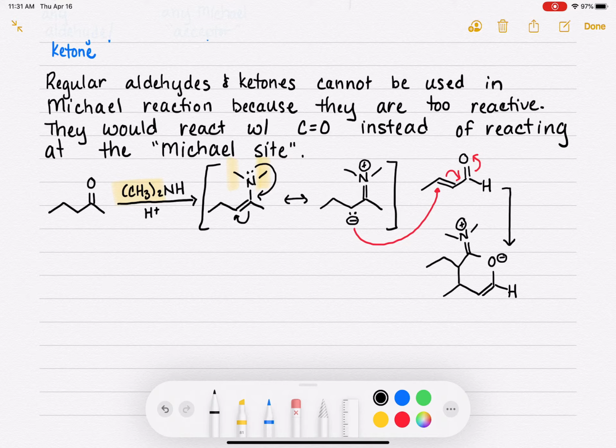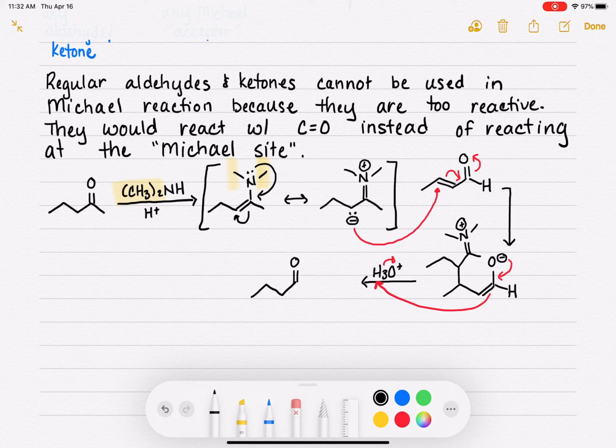Normally in a regular Michael reaction, the next thing we would do is add H3O+. So we're going to move these electrons down, out to grab one of the hydrogens from the H3O+. Simultaneously, that H3O+ hydrolyzes the enamine and converts it back to the ketone.